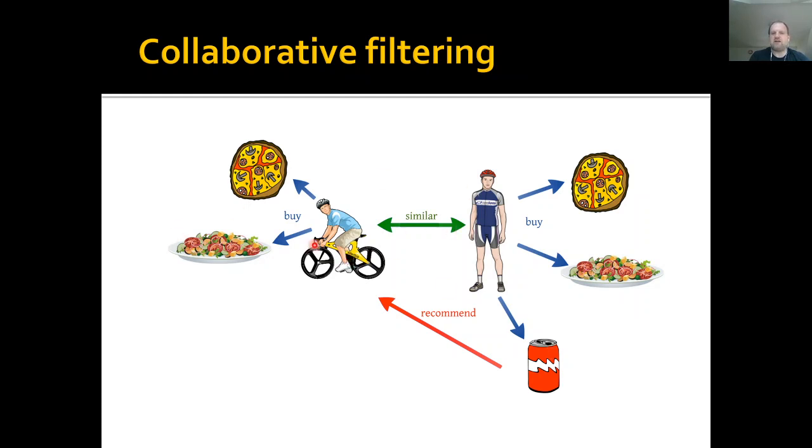Because they are similar based on pizza and salad, this Coke could be recommended also to this user. This is how collaborative filtering works, because this soda was not seen by this one, but was here, and that's how we transfer this recommendation to this user.